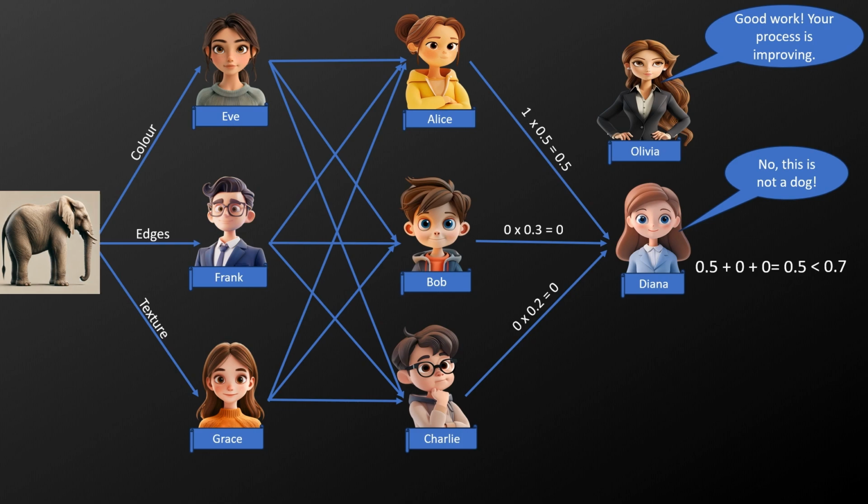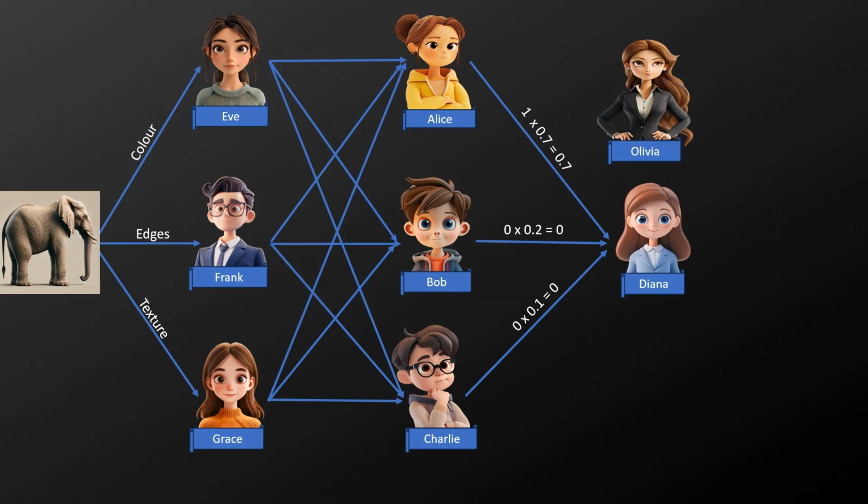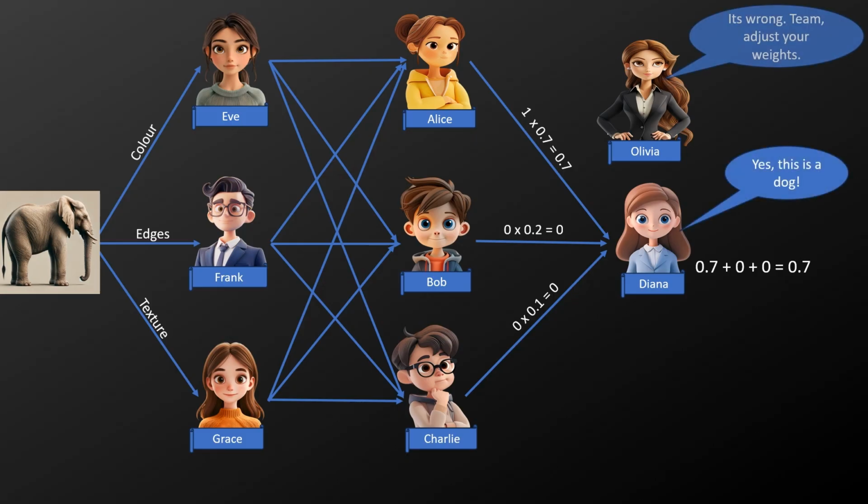What if the team makes a mistake? Let's assume the weights for Alice was 0.7 and that for Bob and Charlie was 0.2 and 0.1 respectively. Now the sum is 0.7. Since it's equal to the threshold value, Diana incorrectly identifies the elephant as a dog. Olivia steps in and corrects the mistake. She tells Alice that relying only on 4 legs isn't enough and asks her to reduce her weightage.